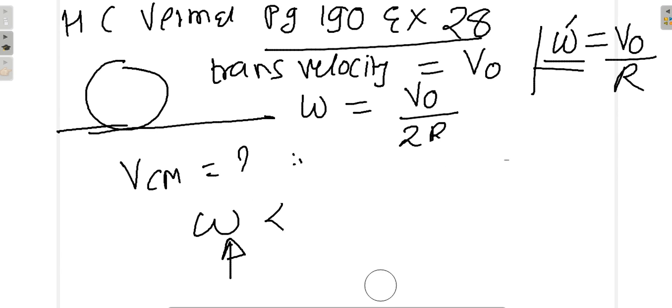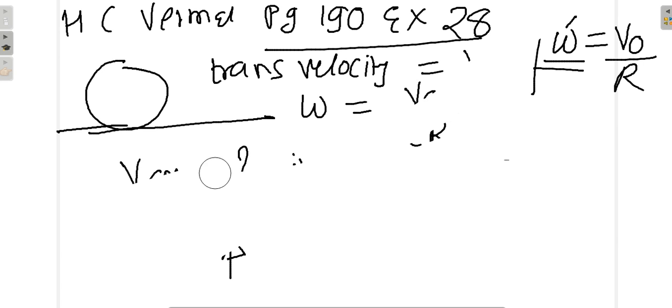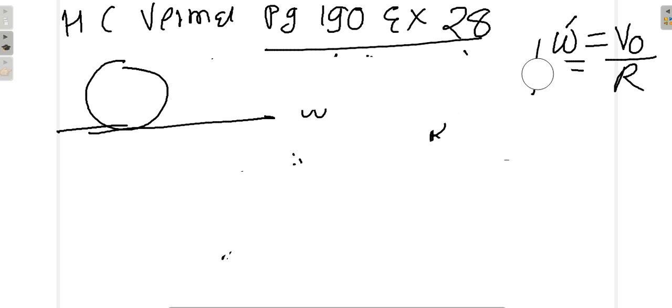Now what will be the situation here? Let us take this as omega naught, the initial velocity, v naught upon 2r. Now, see, I have already discussed this.